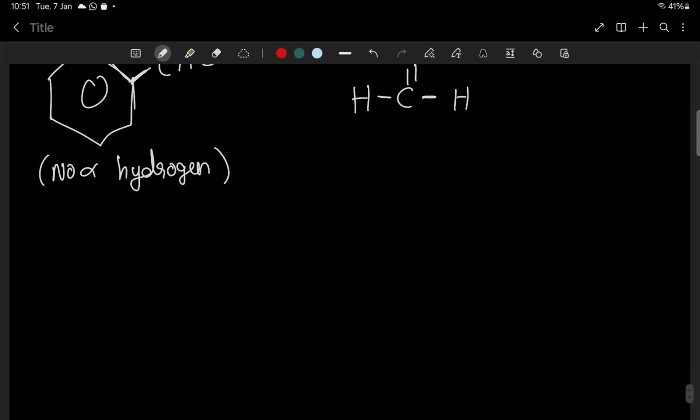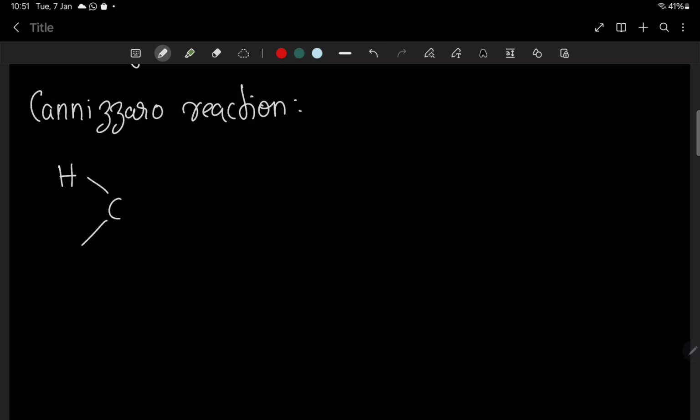So for these, there was a scientist called Cannizzaro. He formed a reaction for molecules without alpha hydrogen, called the Cannizzaro reaction. What's the reaction? Take the compound without alpha hydrogen, the depressing compound.